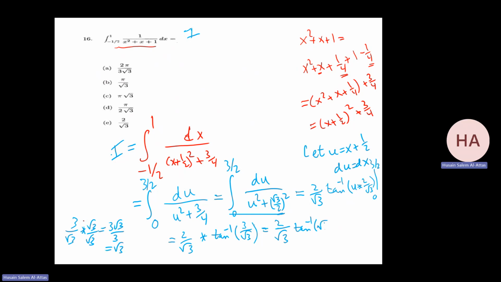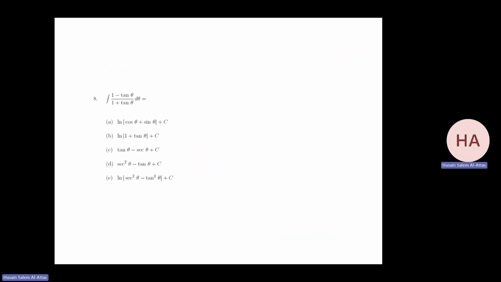So tan inverse of square root of 3, which is pi over 3. That gives me 2 over square root of 3 times pi over 3, so it is 2 pi over 3 square root of 3. It's a matter of calculation.